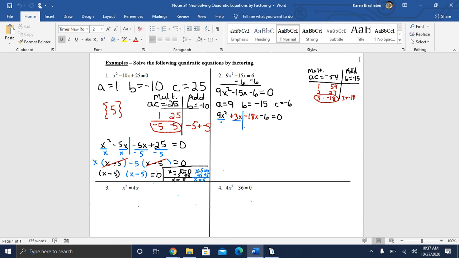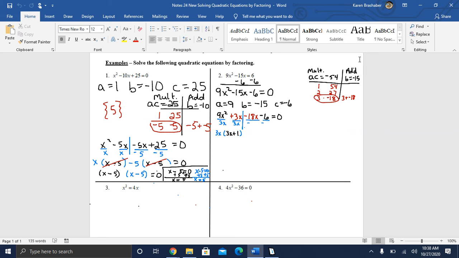I can divide out a 3x. So that means I'll have 3x, and then inside the parentheses, after doing my dividing, so 9 divided by 3 is a 3, and then x squared divided by x is an x, plus, and then 3x divided by 3x is a 1.